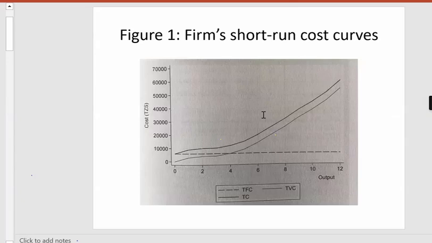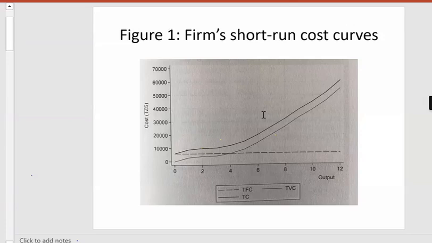This dotted line is the fixed cost curve, and hapo ukiangalia it is 60,000 here, right? So the cost remains 60,000 regardless of what you produce. There is no variation in cost here. That's why it is what? It is a straight line here.